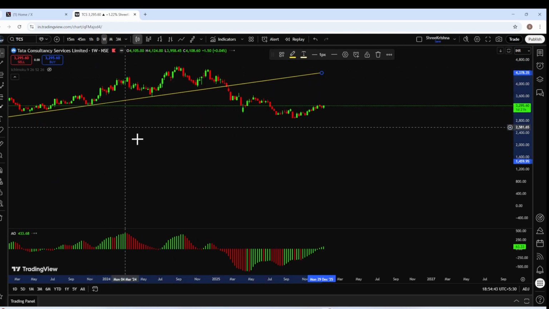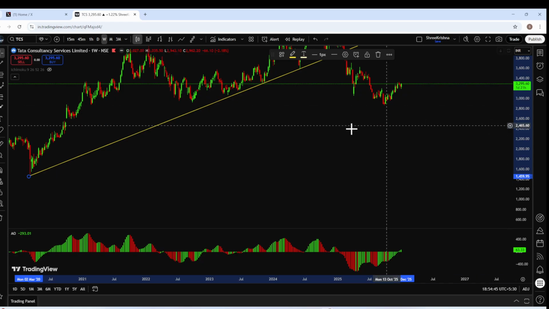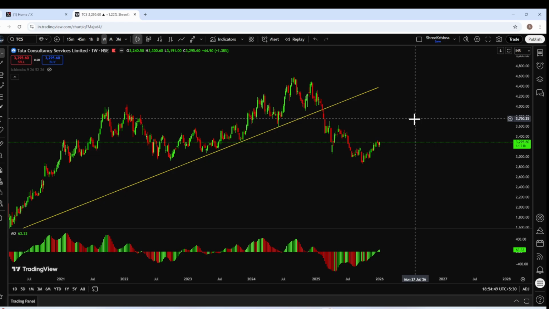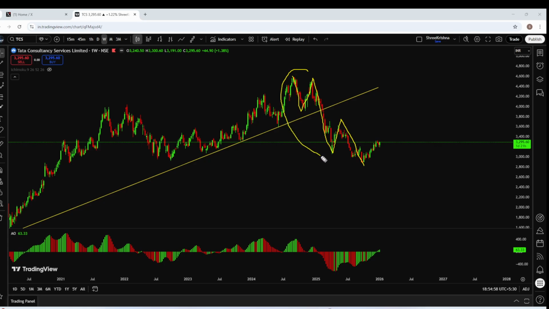Then we go to the weekly and we see whether it has completed all the parameters. And in this you can see this is 1, 2, 3, 4, 5. So this is a 5-wave move, or it is an ABC, that is here A, B, C, whatever you would like to call it.